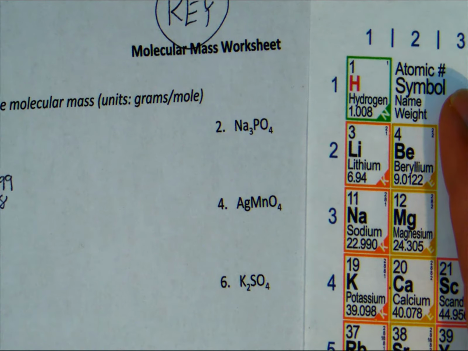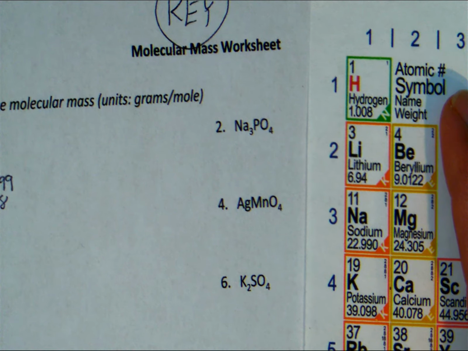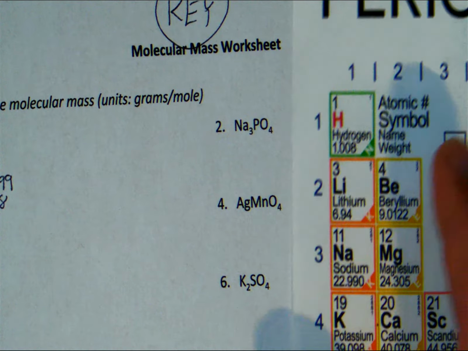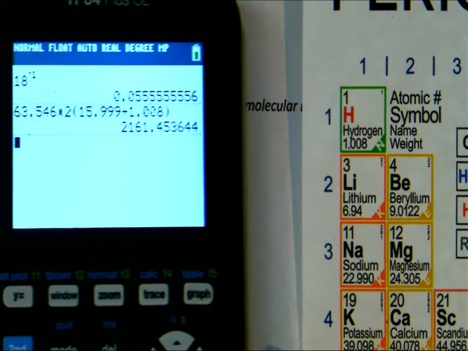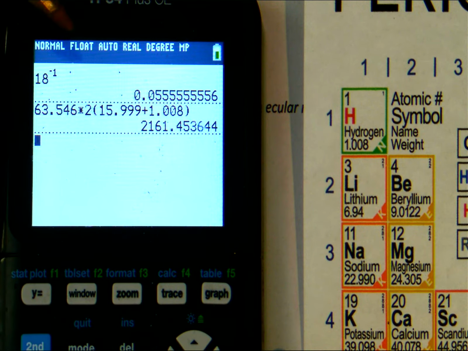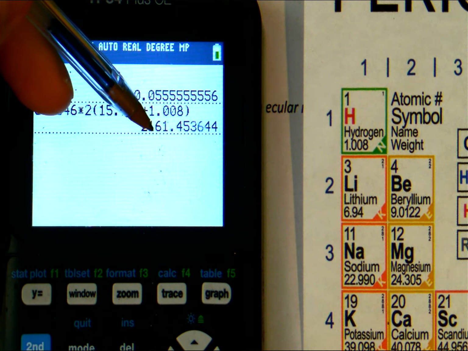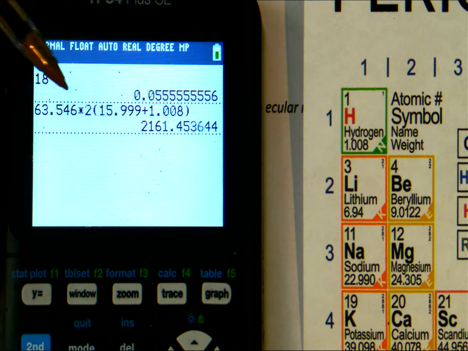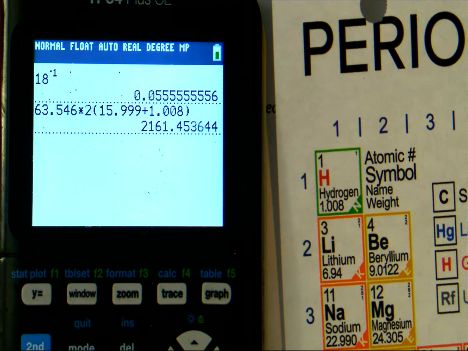So here we go. 63.546 plus 2 times 15.999 plus 1.008, close parentheses, enter. And the result is, and I see I have a mistake here. Whoa, that is way unreasonably large because I put a multiplication symbol where I should have put a plus sign.